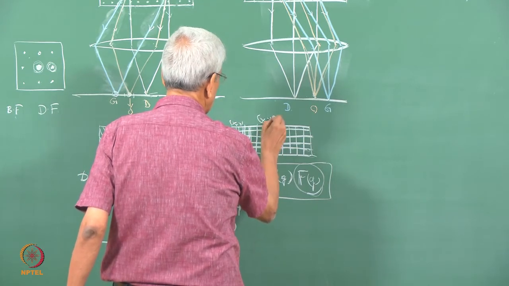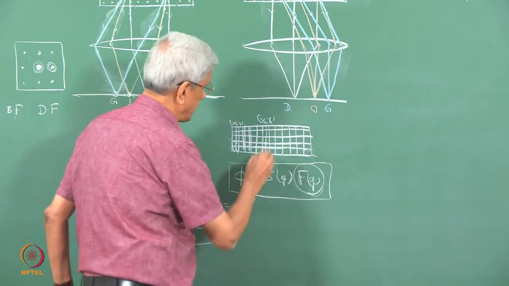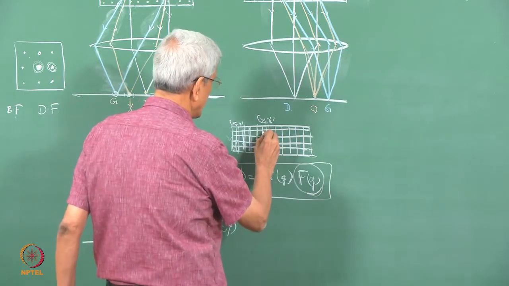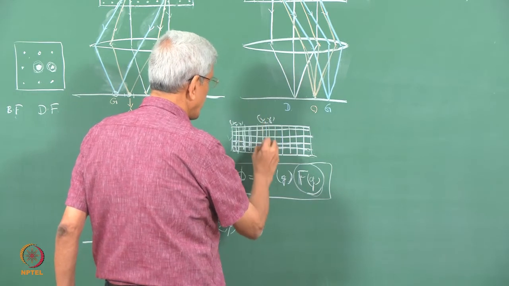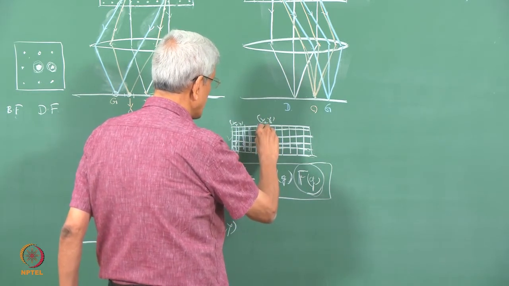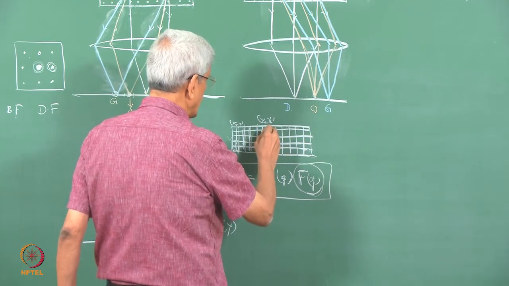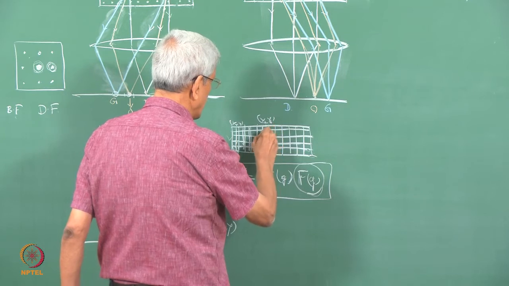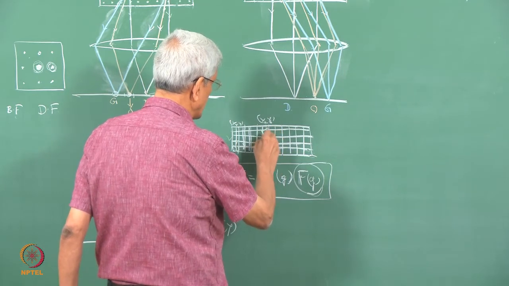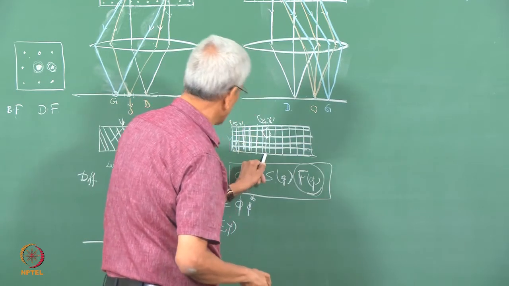At these regions, suppose some defects are present in this sample. Then the effect of the defect may be that the atoms in this region are tilted or rotated, which will be essentially equivalent to tilting of this unit cell. So, this will have an effect on the intensity in this particular column.